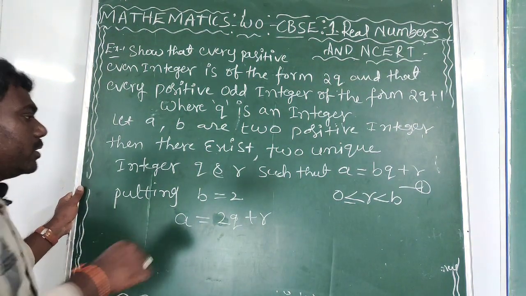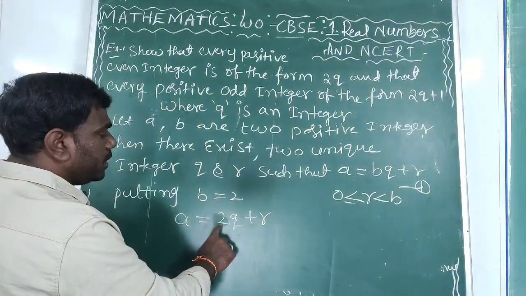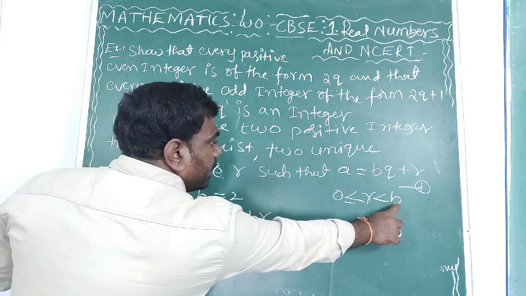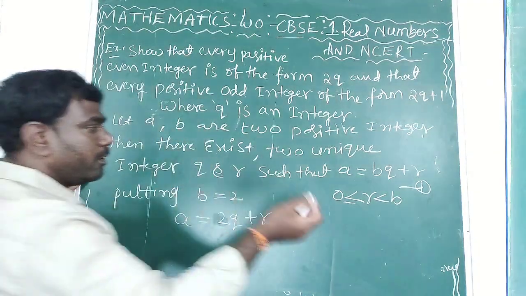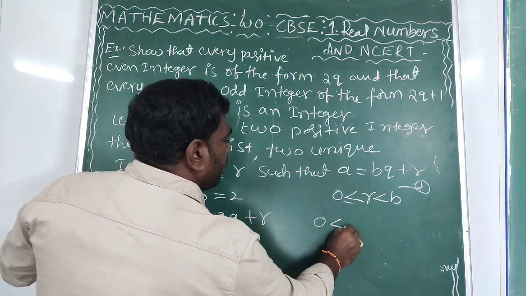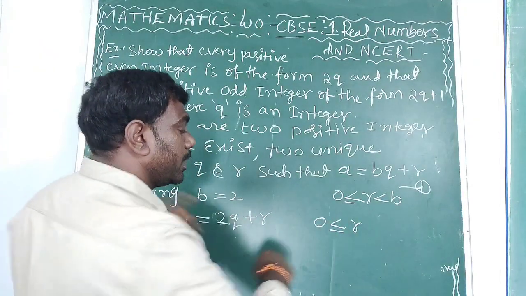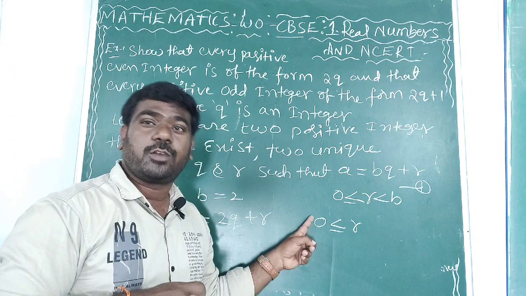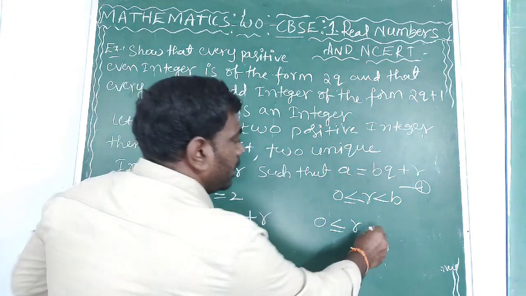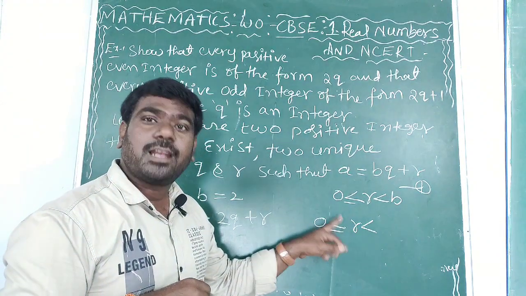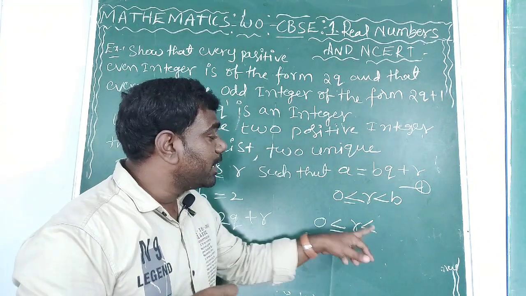By substituting the b value here, we can find out the r values. Here r is greater than or equal to 0 and lesser than b.